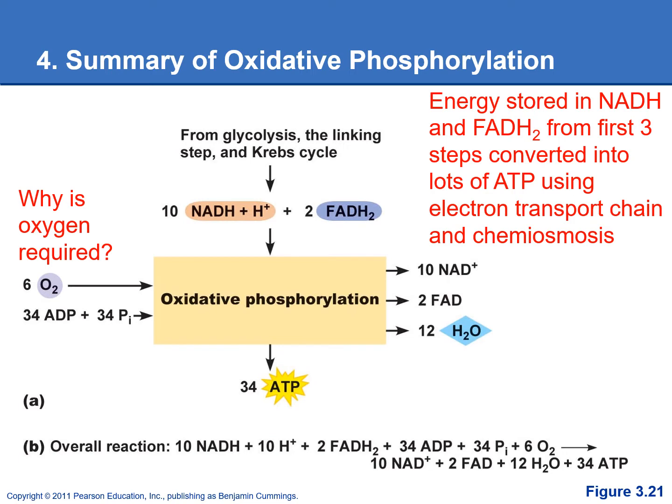At the end of the electron transport chain, we're going to give the electrons to oxygen. Once oxygen accepts those electrons, we make water. So oxygen is required for aerobic respiration because oxygen is the final electron acceptor.